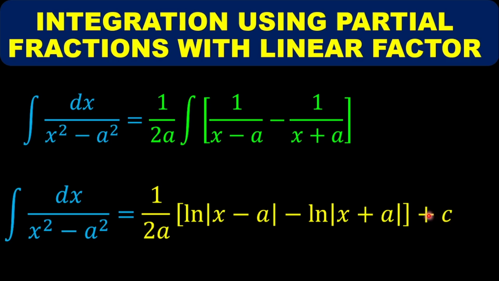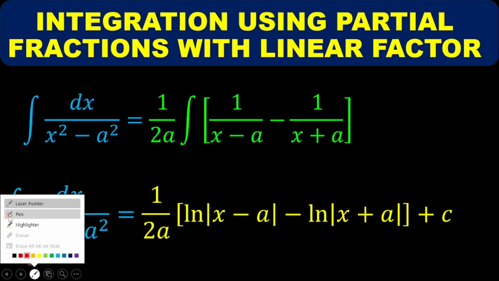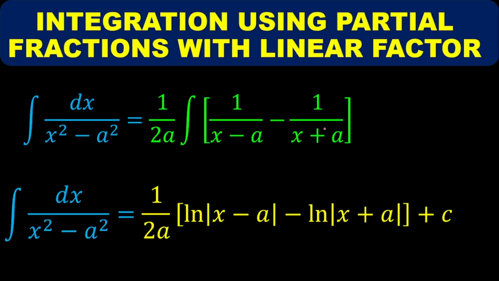You remember in logarithm that there are rules we need to understand. So let's get a pen and see some logarithm rules here. You recall that in logarithm, if you have a divided by b, this is talking about subtraction, right?